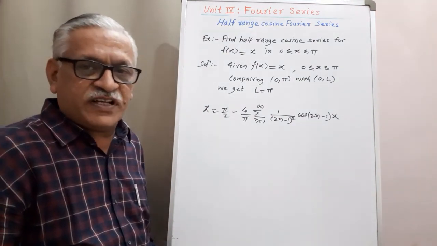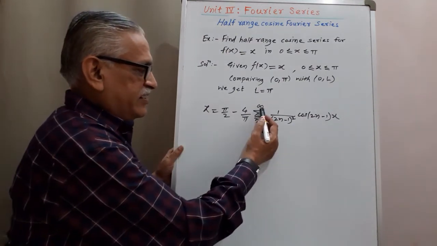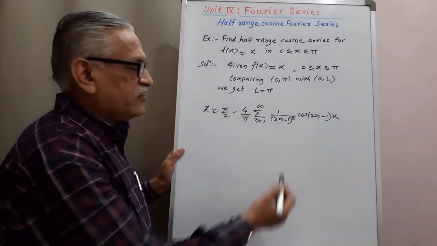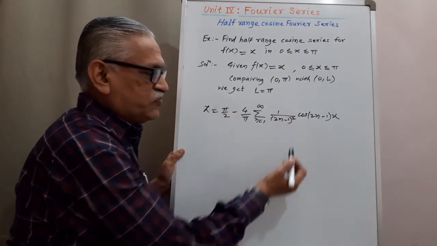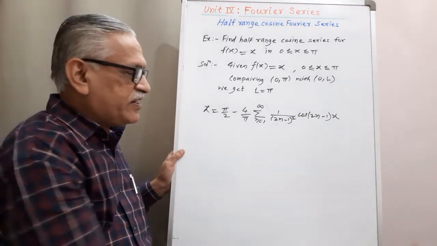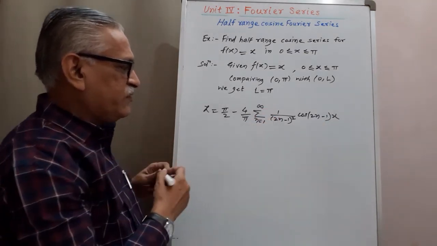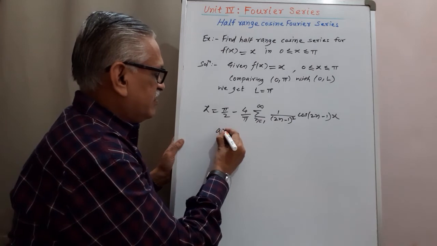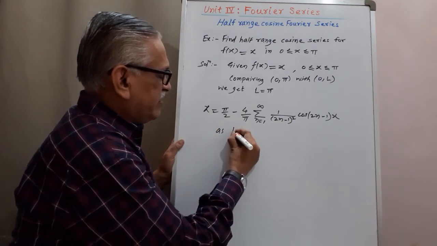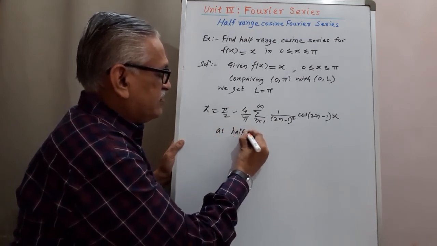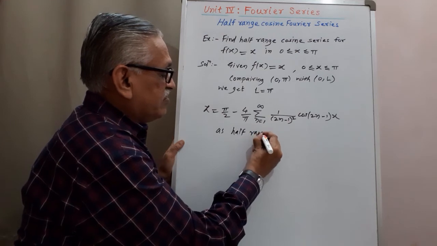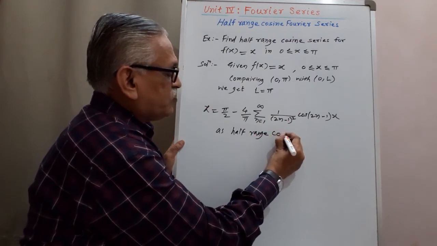As it is constant, we take it outside the summation sign, and inside the summation it is 1 upon 2n minus 1 whole square cos of 2n minus 1 times x, and n changes from 1 to infinity, as that is the required half range cosine series. Half range cosine series.